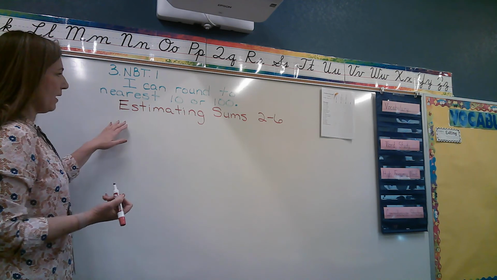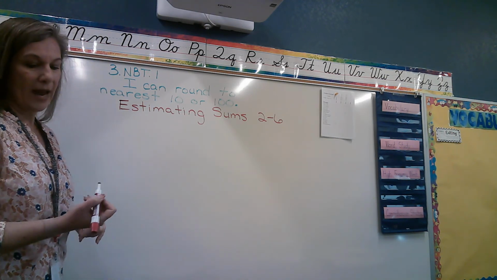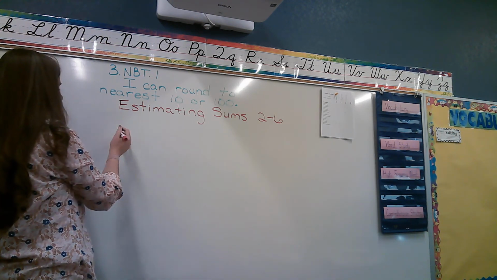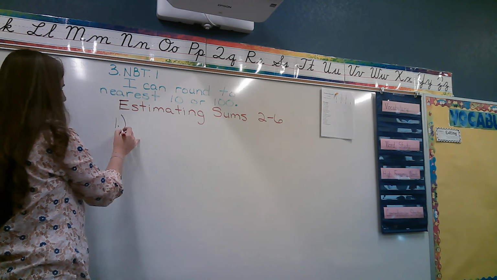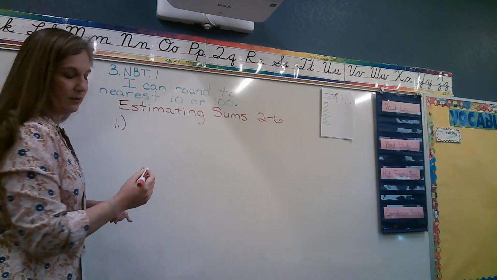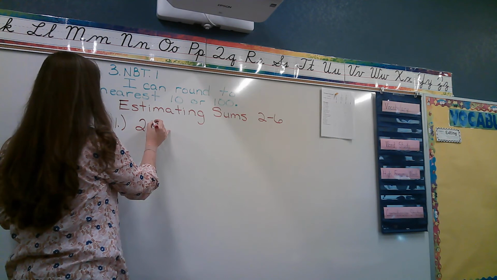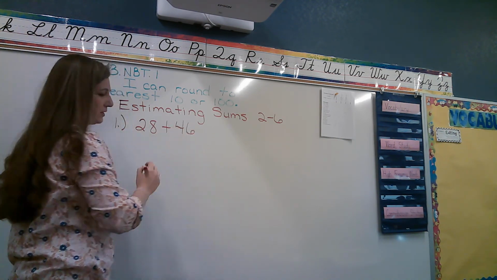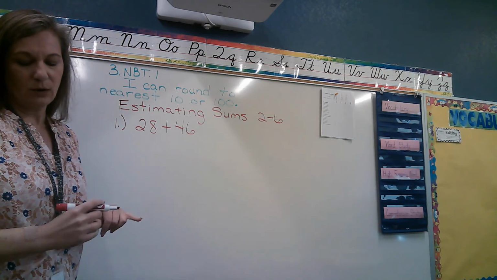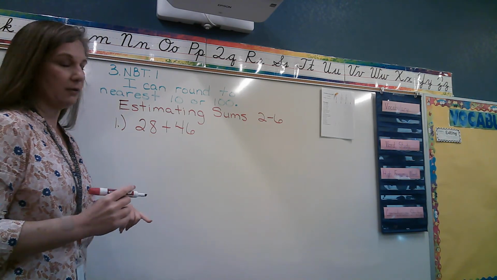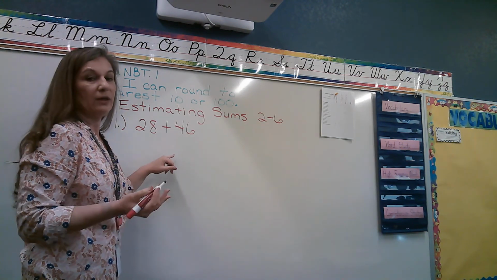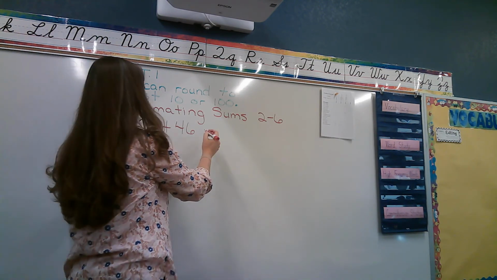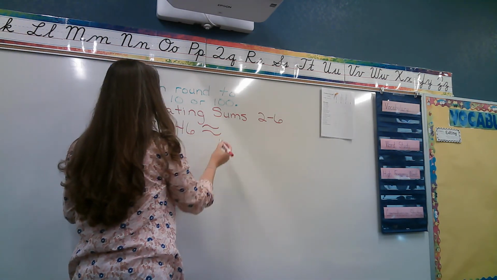When we round numbers, we always round the add-ins, and those are the numbers that we're adding. For number 1, on page 47, we have 28 and 46. And you'll notice in the directions, it asks us to round to the nearest 10 to estimate. So we want to know if something's reasonable when we get the final sum.